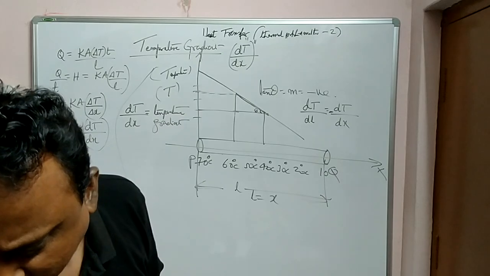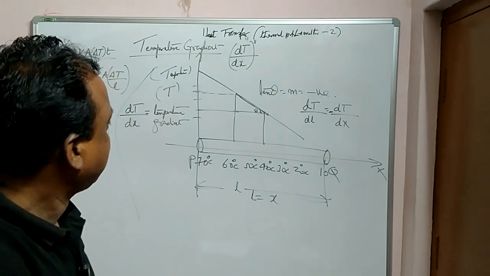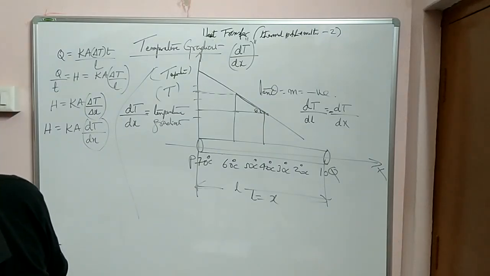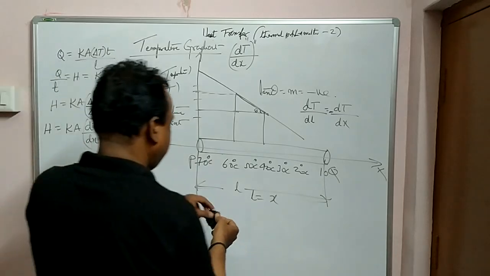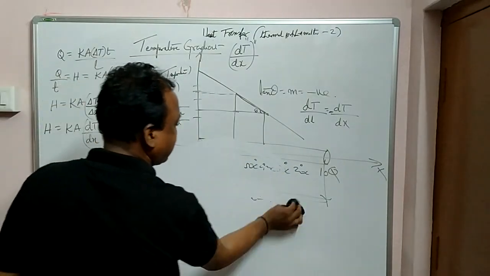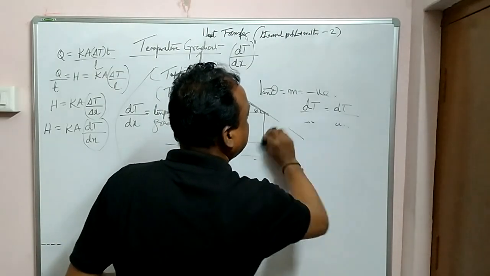Now let us go to the next one, that is series connection of rods. Series connection of rods. Very, very important. Please note down. In the examination, sometimes they will ask a 4 marks derivation in IPE.